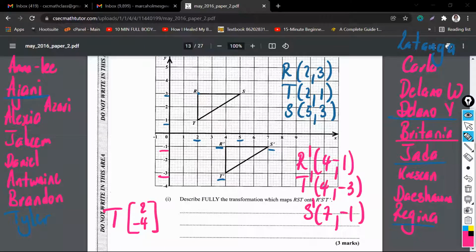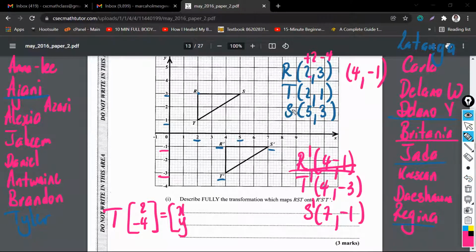Does that make sense, guys? And let me show you why. The reason why I know it's 2 minus 4, guys, for the x and the y. If you add 2 to this 2, you're going to end up with R prime being 4. And if you add minus 4 to the positive 3, you're going to end up with minus 1, which is this one down here. Right, guys?